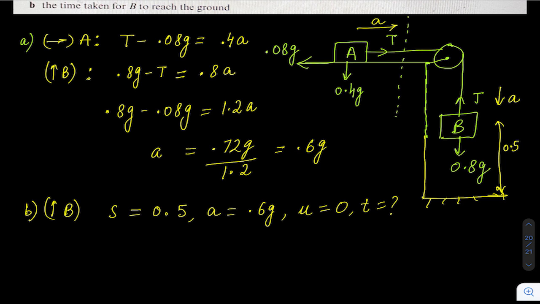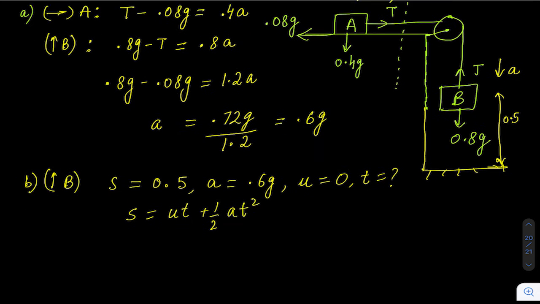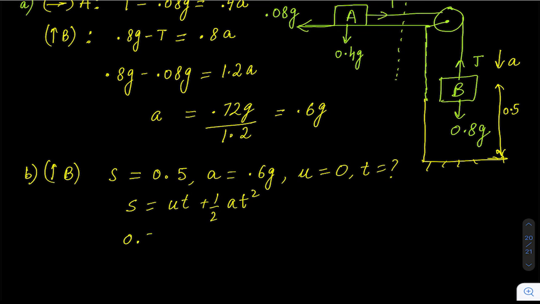Again, we will see which SUVAT equation connects s, u and t, that is s equals ut plus half at square. So let's substitute the values. s is 0.5 equal to half into acceleration 0.6 g into t square. From this, let's calculate the value of t.